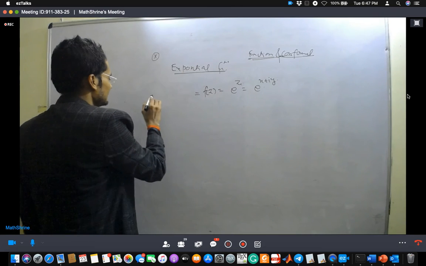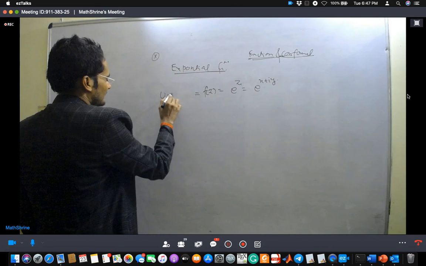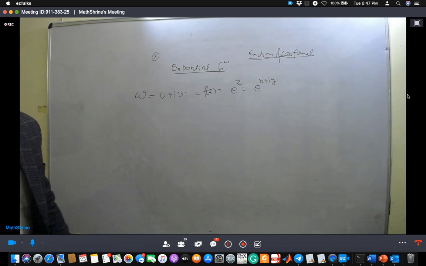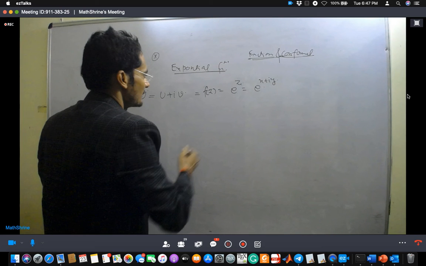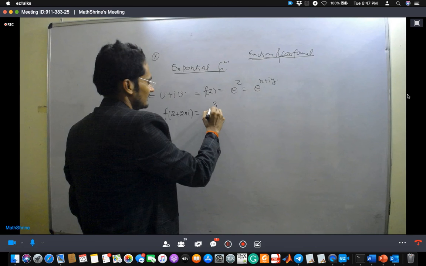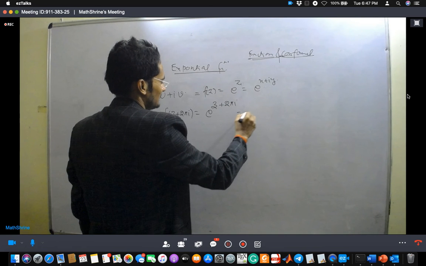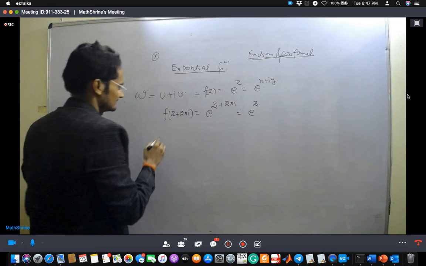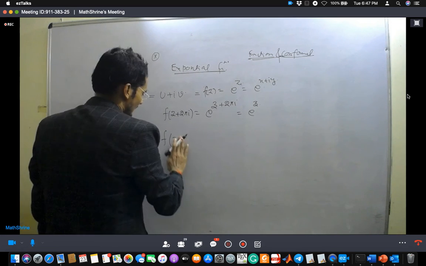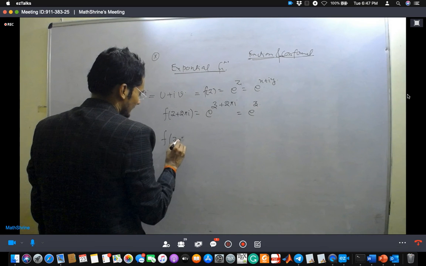We also notice that f of z plus 2 pi iota will come out as e to the power z plus 2 pi iota, which is simply e to the power z. Similarly, z minus 2 pi iota gives e to the power z. Similarly, if I add plus or minus 4 pi iota, it will be simply e to the power z.